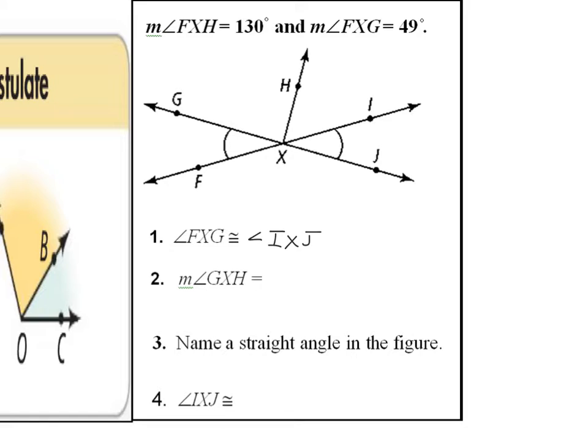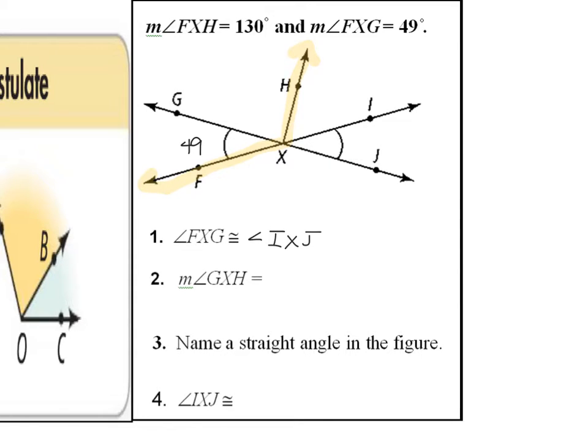For number 2, this is saying the measure of angle GXH is how much? I want to know how much GXH is. Let's do some labeling on our picture. I know FXG is 49 degrees, and I know that FXH, from here to there, the whole angle, is 130.